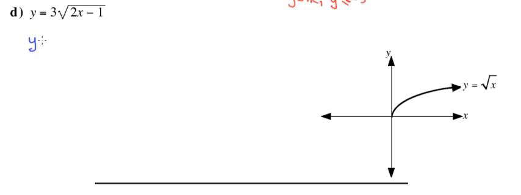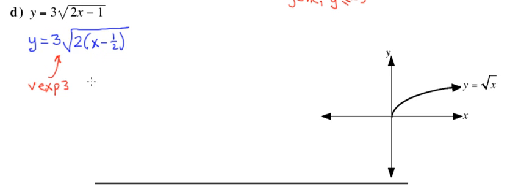If you want to do these correctly, here's how this thing has to look. Root, factor out the 2. 2x divided by 2 is plain old x. -1 divided by 2 is -1/2. Now we can look at this and say, okay, we've got a vertical stretch or vertical expansion by a factor of 3.